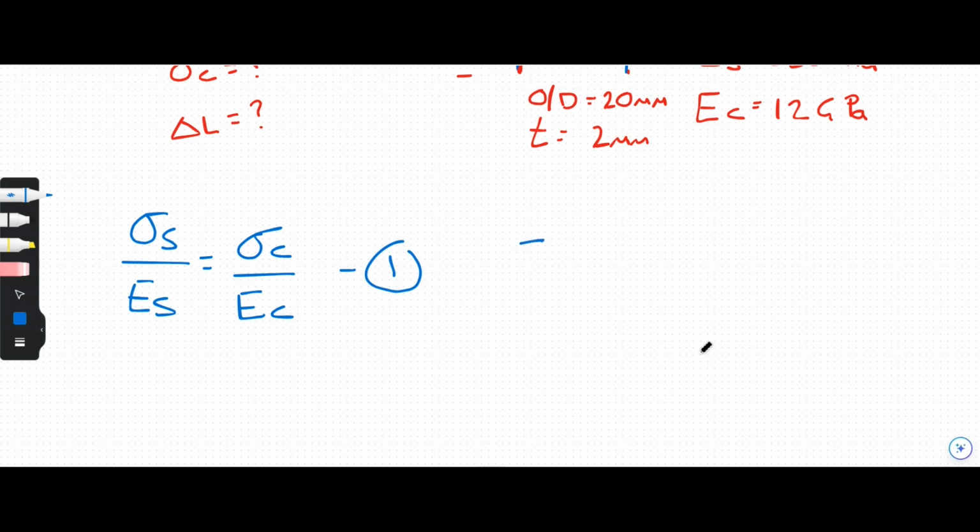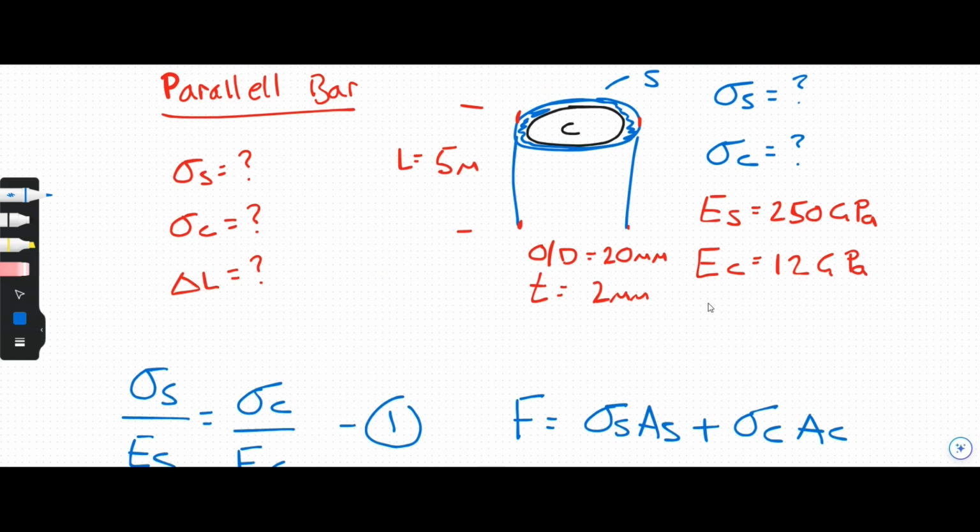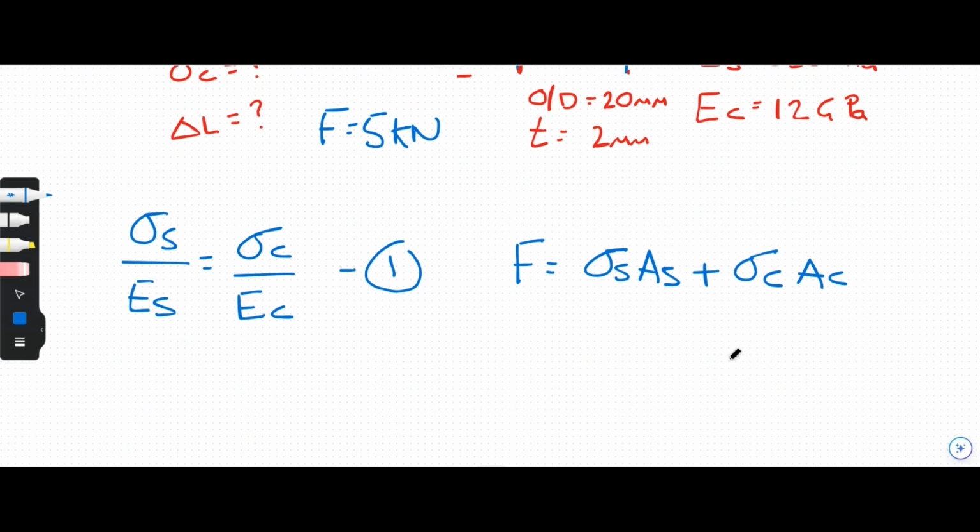We also know this formula here: the force is stress in steel times area of steel plus stress in concrete times area of concrete. If you look in your assignment, we also know the force. You'll have a number for force, let's say minus 5 kilonewtons. It's different for you. So these are the main formulas here, this one and this one.